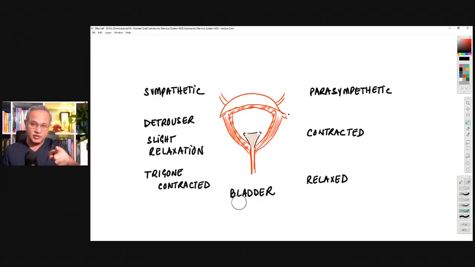Kidneys are told to make less urine. So kidneys are reduced, not blocked. Ureters are blocked from bringing in the urine. And then the bladder is relaxed so that we don't have the feeling of needing to go to the restroom. Of course, the parasympathetic system is the opposite. The detrusor muscle would contract, that would make us feel we need to go to the restroom. Of course, then the trigone would relax, opening up the ureters and bringing in the urine.